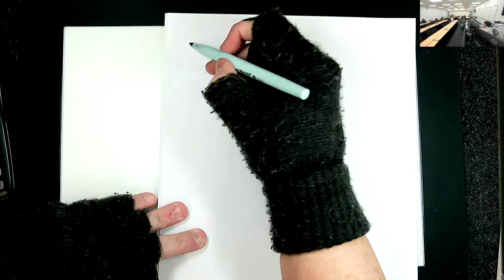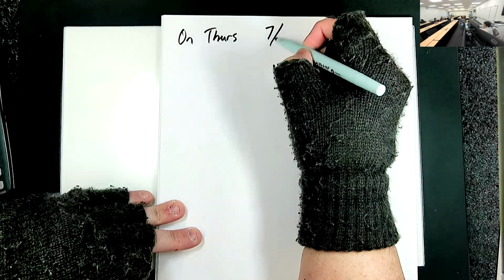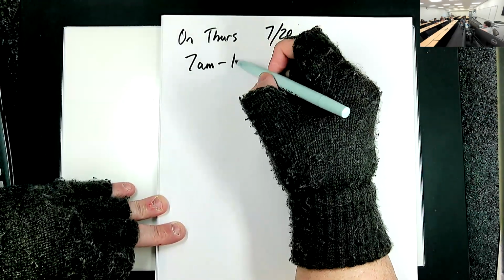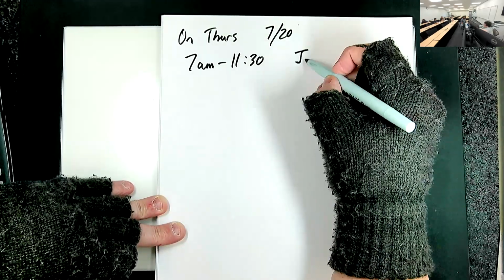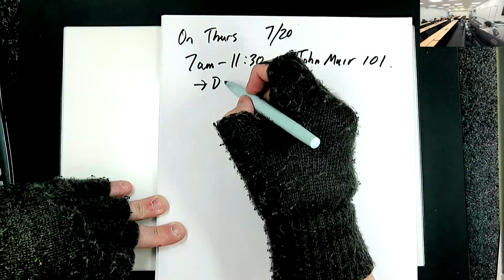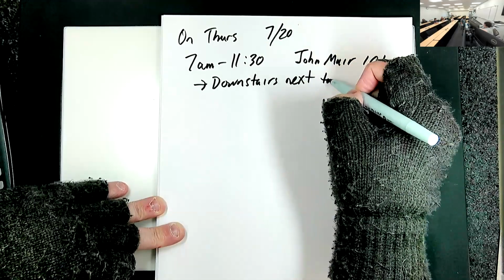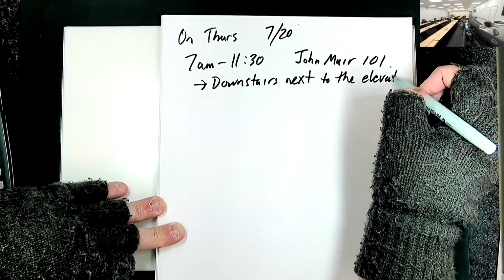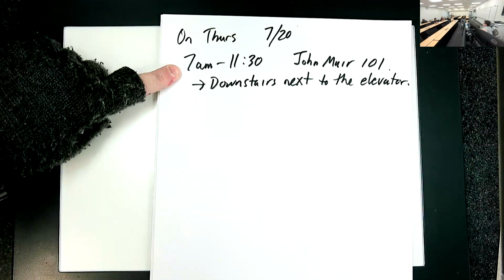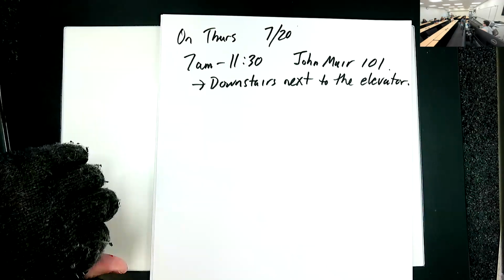From 7 a.m. on Thursday, midterm day, till about 11:30, I will be in John Muir 101, which is downstairs right next to the elevator. That's when my classes start. I have a class from 7 to 9, and then one from 9:30 to 11:40.